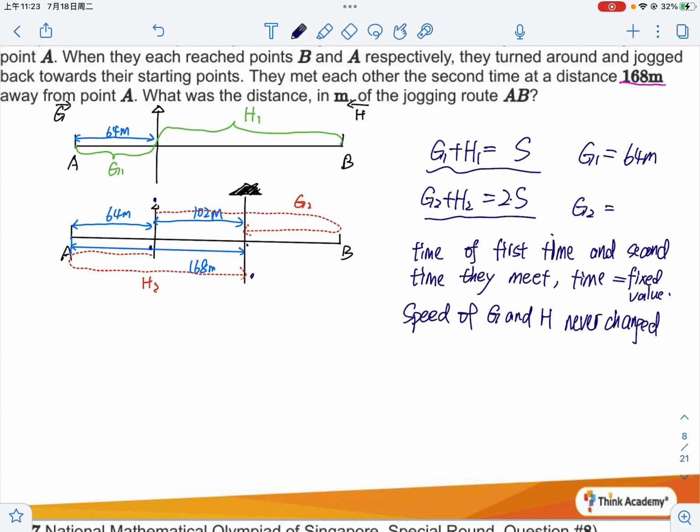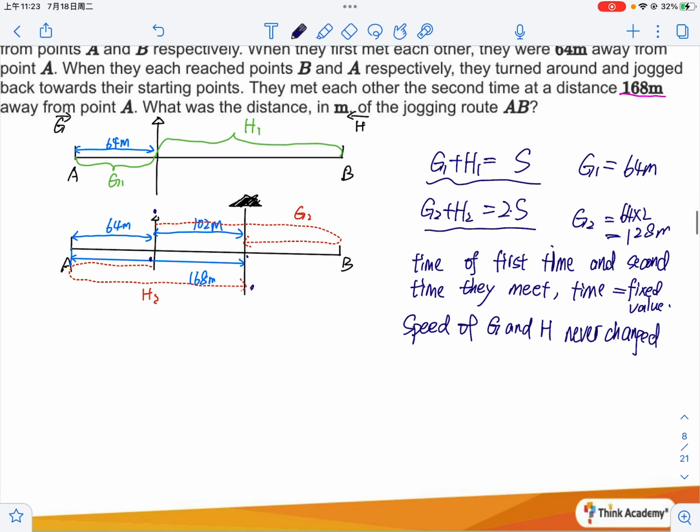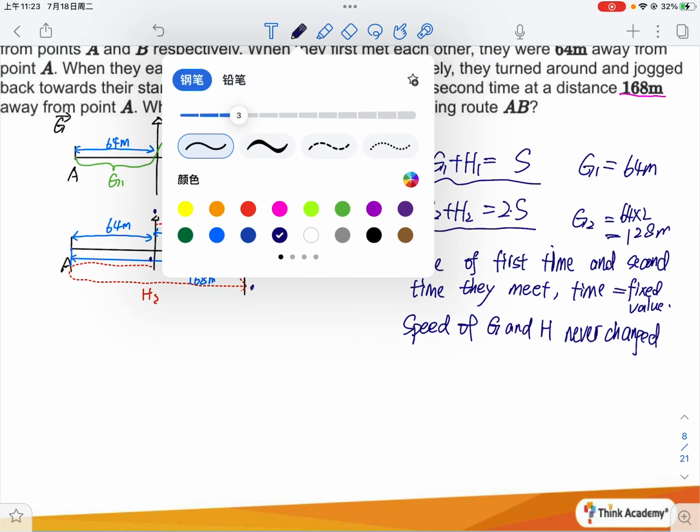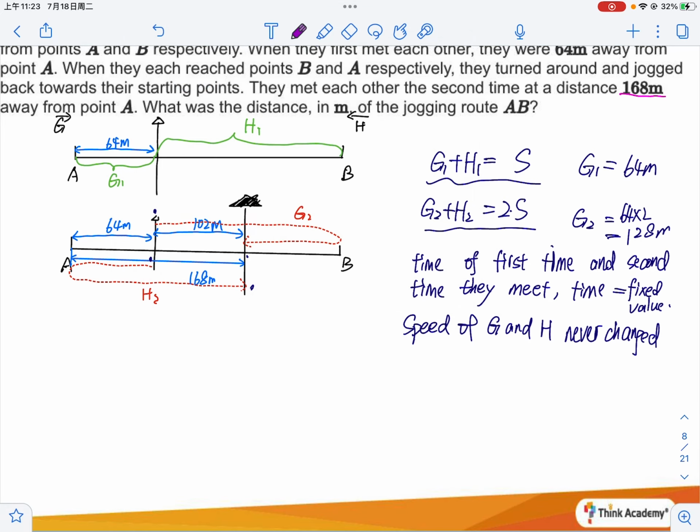How much distance does G2 run? 64 times 2 is just 128 meters. Then we need to find out the total distance. It will become very easy. We know that the first time is 64, right? This part is 64, and for G2 it is 128, plus another 168 meters.